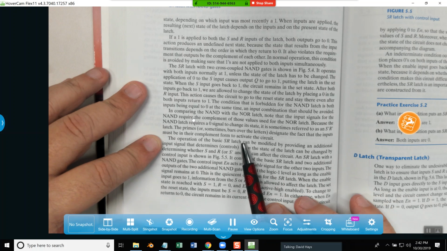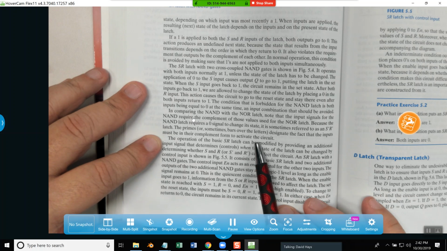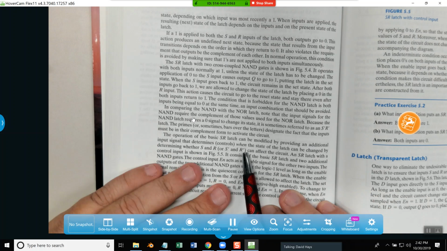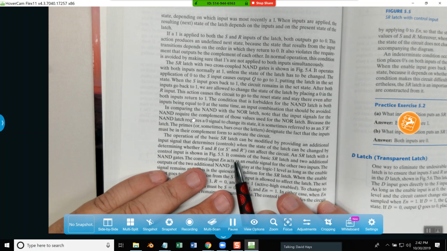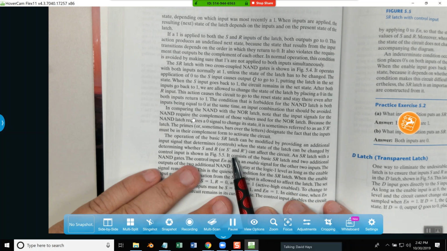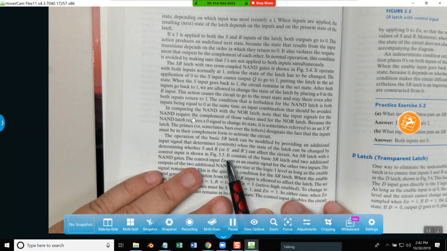So here's our enable. It consists of the basic SR latch, so all that's the same, and two additional NAND gates. So we got our two additional NAND gates here.